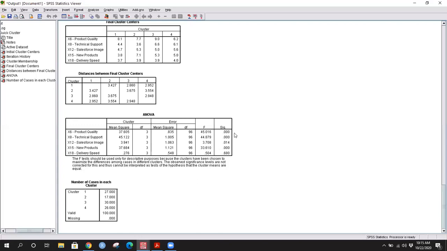Now, why so? Because cluster analysis, especially the k-means cluster, is actually building upon the premise to maximize heterogeneity between the clusters. That means the variables are employed in the cluster analysis in the fashion that they're aiming to actually diverge one cluster from another as much as possible.